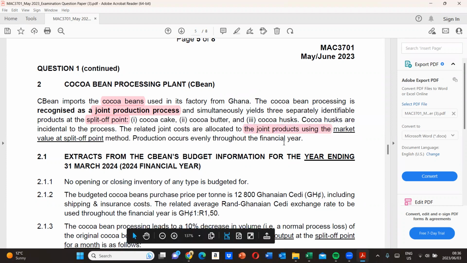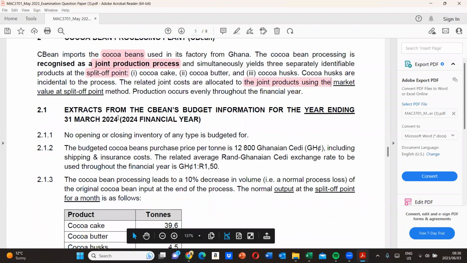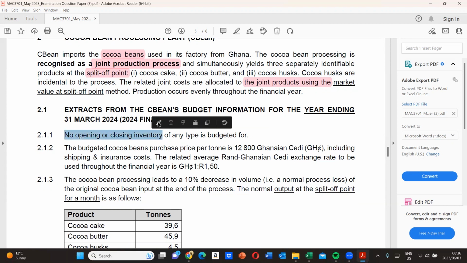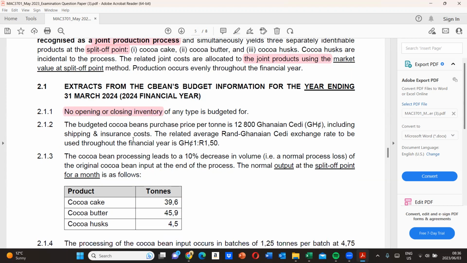Production occurs evenly throughout the financial year. Extracts from C-Bean's budgeted information for the year ending 31 March 2024. No opening or closing inventory of any type is budgeted for. The budgeted cocoa beans purchase price per ton is 12,800 Ghanaian cedi, including shipping and insurance.